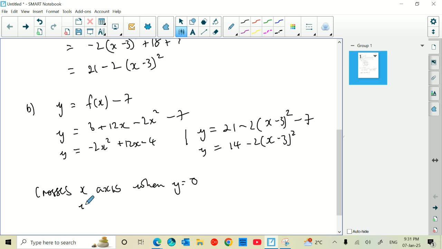And it crosses the y-axis when x equals 0.